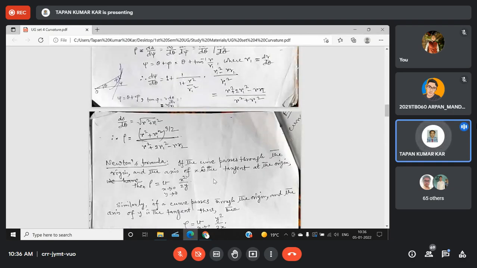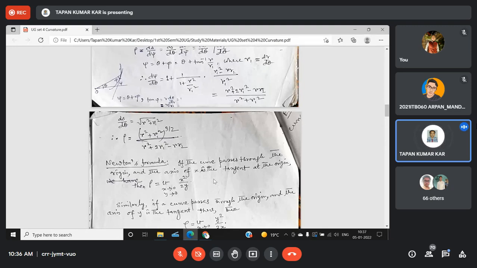So for the radius of curvature, one formula is for the curve y equal to f(x). In that case, we will use the formula (1 plus y1 square) whole to the power 3 by 2 by y2, provided the denominator is not equal to 0. If in any case the denominator is 0, then we will use the formula (1 plus x1 square) whole to the power 3 by 2 by x2.